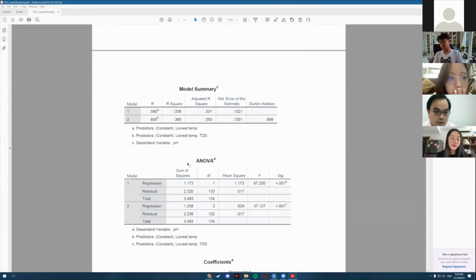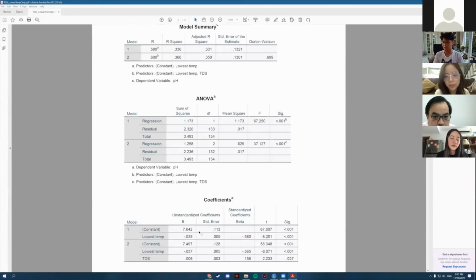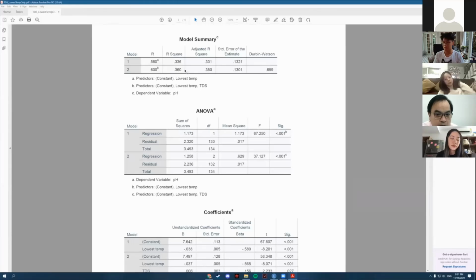But the significance is quite high. So it means that these models can be used, but just to estimate around 33% to 36%. If I have to choose, I would definitely go with the second model, as the R square of the second model is higher than the first model.